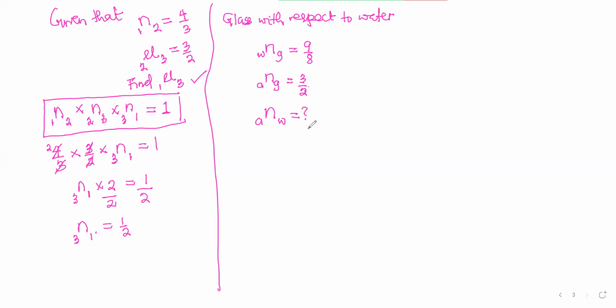It must be in increasing refractive indices. We'll only start with air. So the refractive index of air must be less than that of water and must also be less than that of glass. In that case, we can say that the product of the refractive index of air to water times water to glass times glass back to air must be equal to 1.